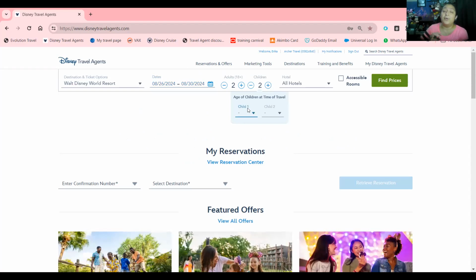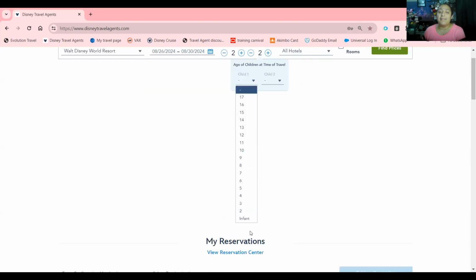You do want to make sure that you know the ages of the children to know the pricing. Disney does have separate pricing for children. There are 3 different prices. Some are not a big difference, but sometimes it can hurt the pocket. From an infant, meaning from 1 day, all the way to a 2-year-old, they are free.